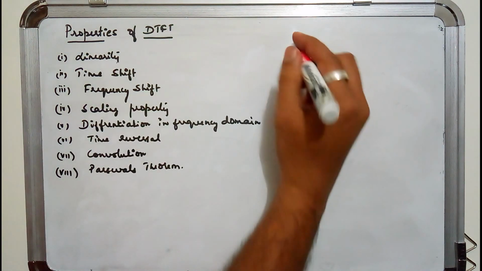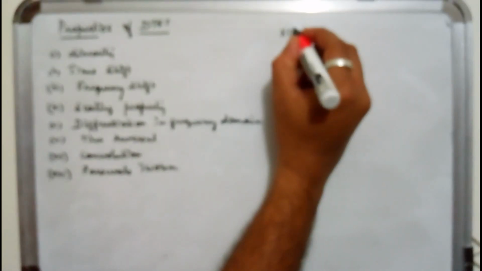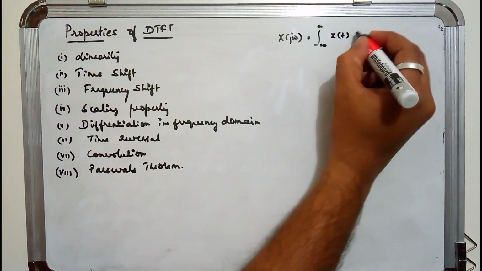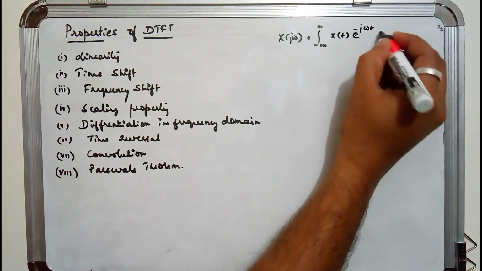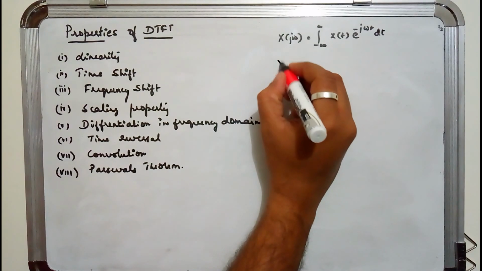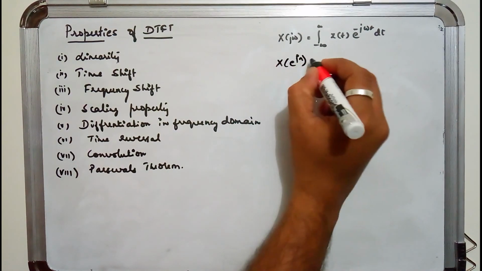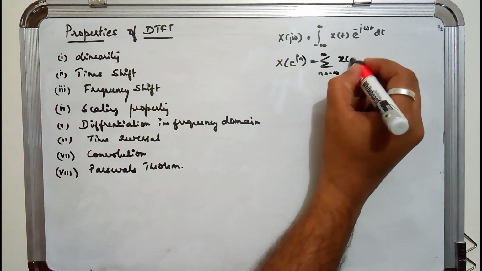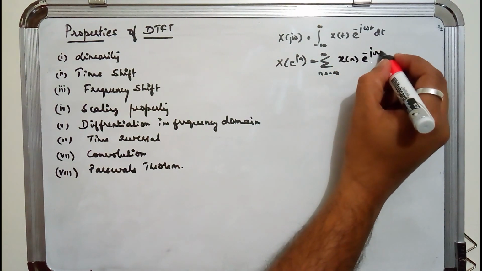In CTFT you have X of j omega given by integral from minus infinity to infinity x of t e power minus j omega t dt, and in DTFT you have X of e power j omega as summation n equal to minus infinity to infinity x of n e power minus j omega n.